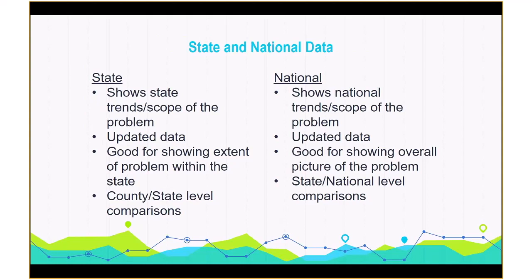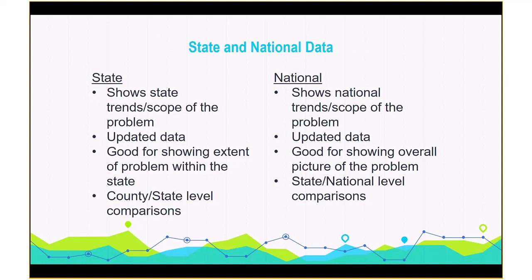When using state and national data, state data is going to show state trends and scope of the problem within the state. State data is usually updated, and it's good for showing the extent of the problem at the state level. It can also be used for county and state level comparisons, recognizing that you may need to be careful in how you present this information, as once again, county level data varies very differently dependent upon a county's population and resources.